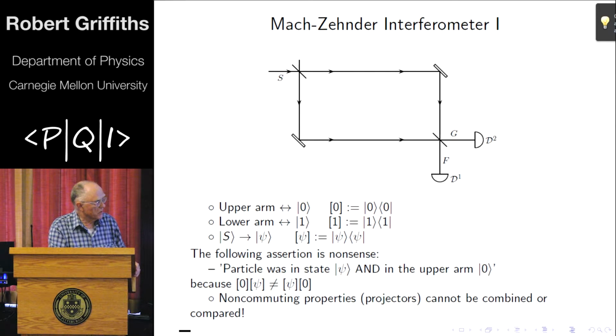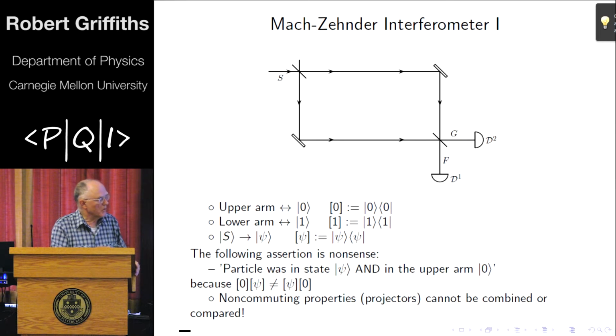Particle was in state psi and in the upper arm. Why is that nonsense? That's nonsense because you have two projectors, 0 and psi, and they don't commute with each other. So the first lesson in terms of realistic descriptions in quantum mechanics is to avoid cases where the projectors don't commute because that doesn't make sense.